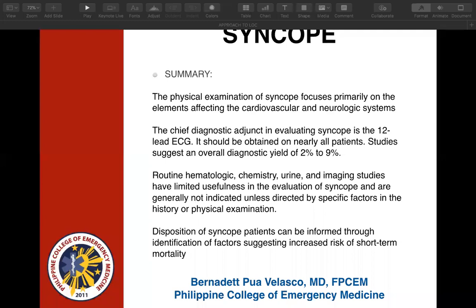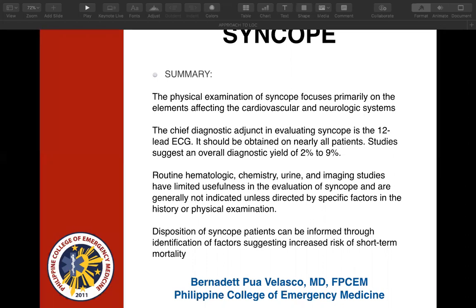A good physical examination and history can lead you to a lot of things that may cause syncope, after which you determine your differential diagnosis. That's the only time you will decide what diagnostic procedures or laboratory workup you will request for this patient.